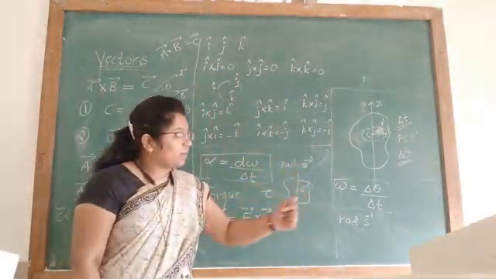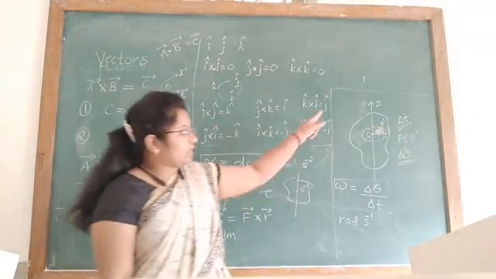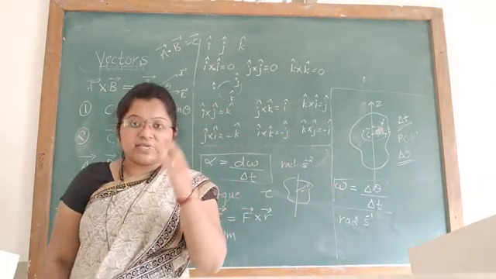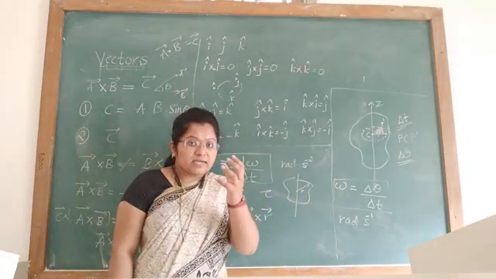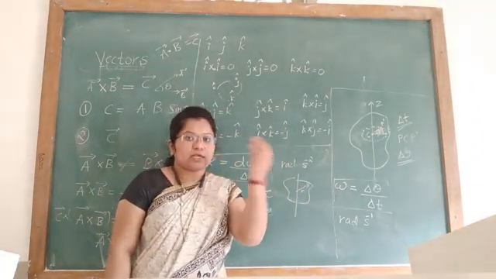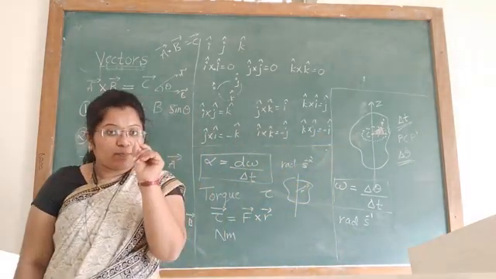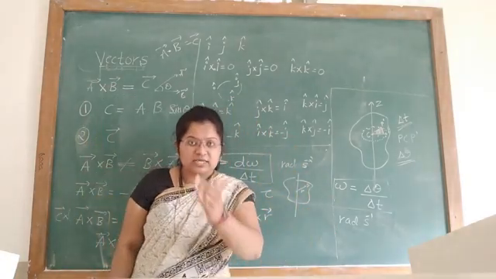Then we studied about objects under rotational motion. We considered one axis Z, and about that axis Z the body is rotating. When that body is rotating, the particles are moving in a circular path, and I have taken one point P. That point P is continuously changing its position in the circle.